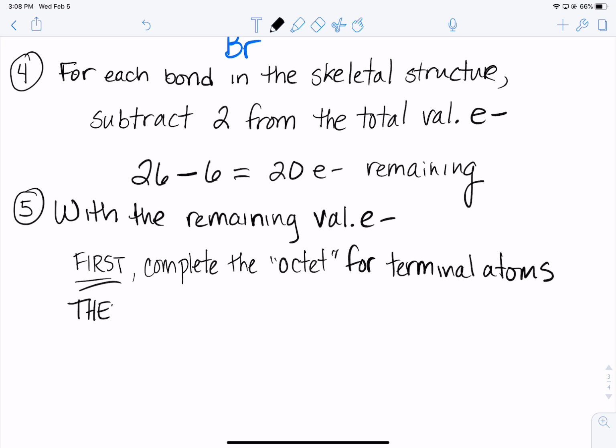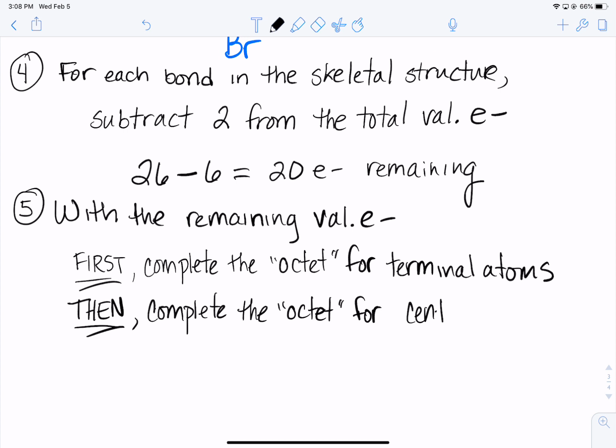Then, if there's some left over, we'll complete the octet for the central atom. So what do I mean by that? Let me show you.